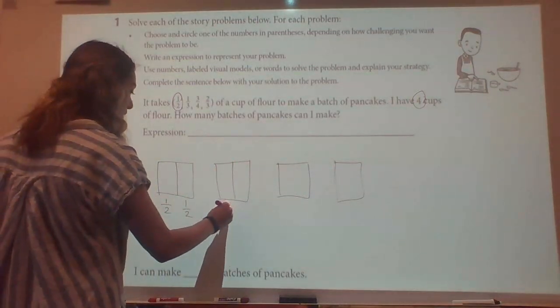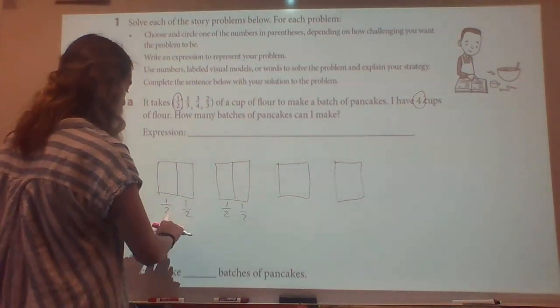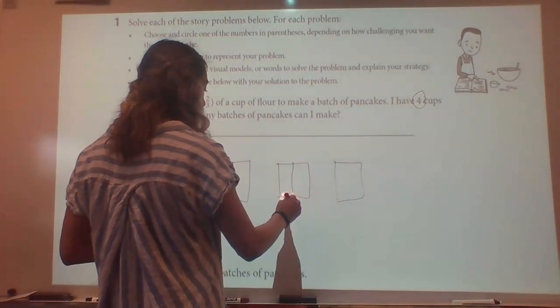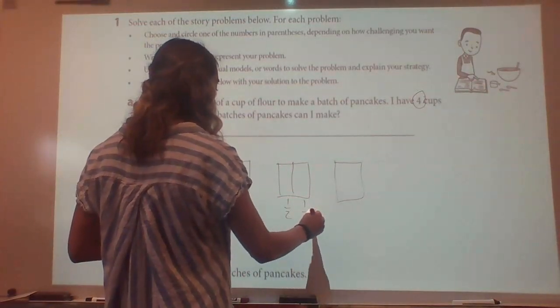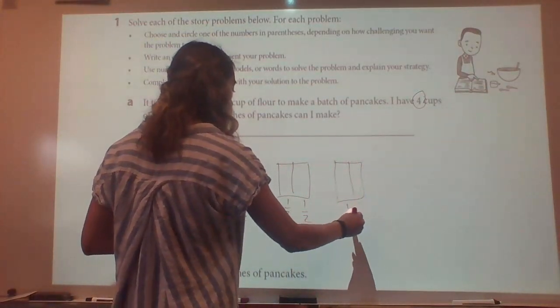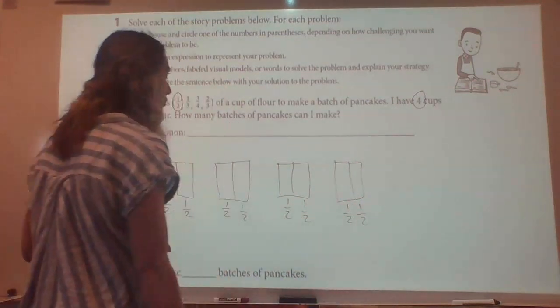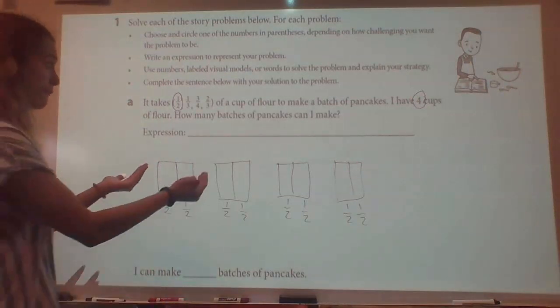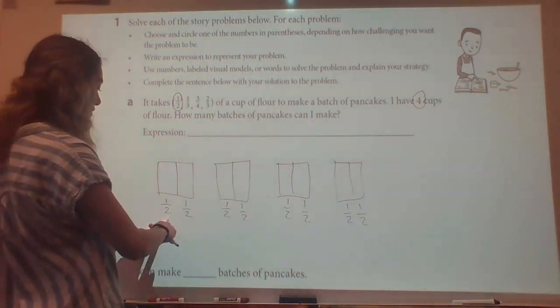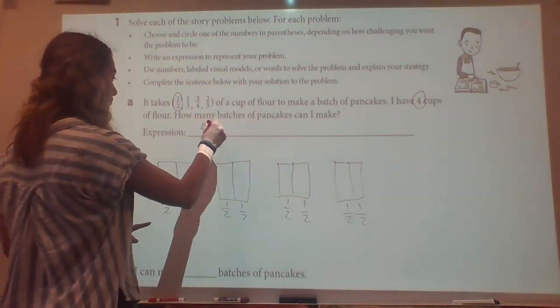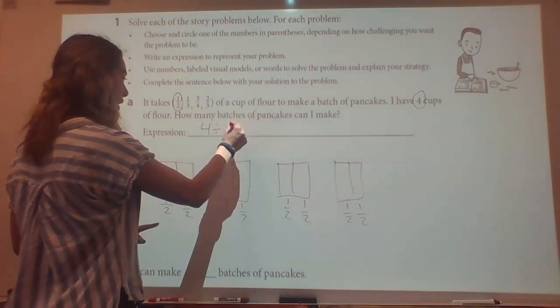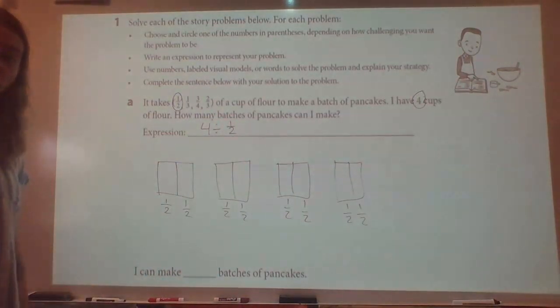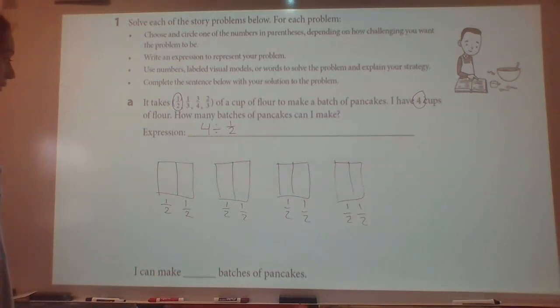So let's divide each one in half, and I'll have a half for each batch of pancakes. As I'm saying that, I'm realizing what my expression would be. I just took my 4 cups and I divided them in half. So 4 divided by 1/2.